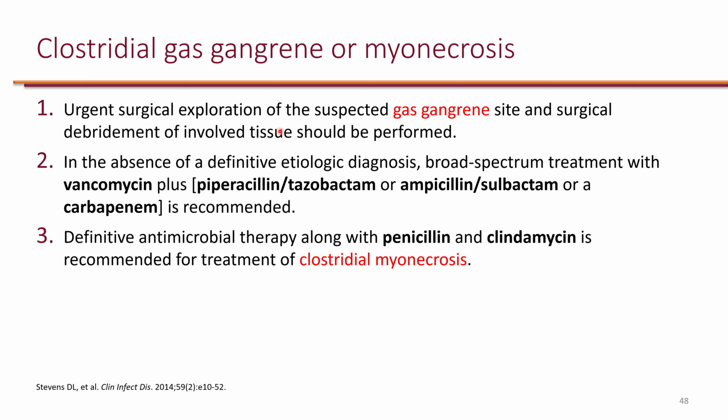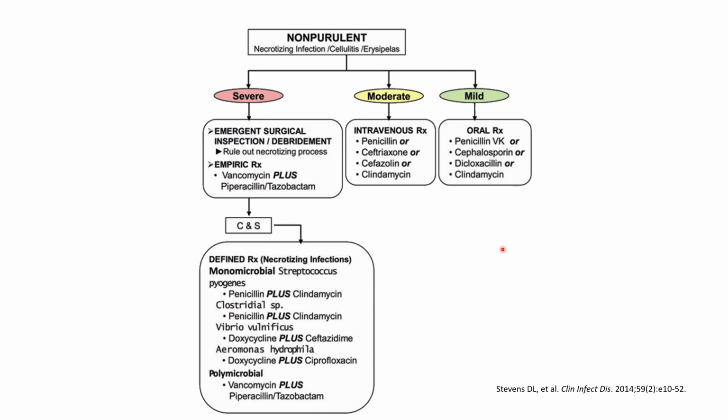The recommendation is urgent surgical exploration when gas gangrene is suspected. We do want broad spectrum empiric treatment, so we don't mess around. So vancomycin plus something that has anaerobic coverage, so piptazo or ampicillin sulbactam or a carbapenem are recommended. And definitive treatment, once it's confirmed that it's clostridial myonecrosis, is penicillin plus clindamycin.